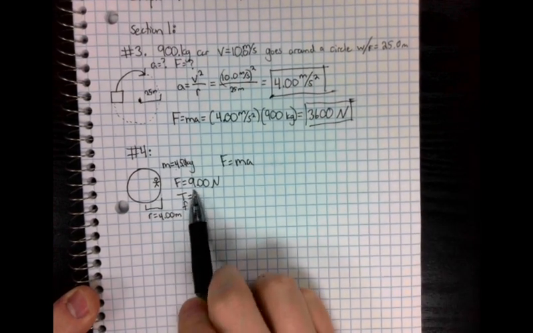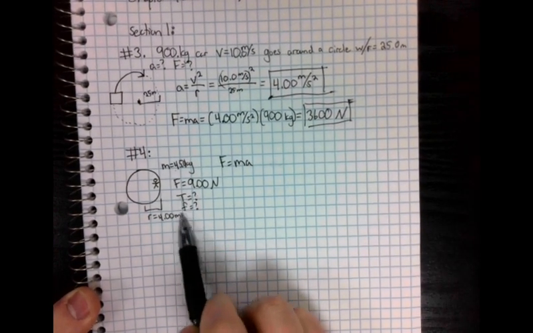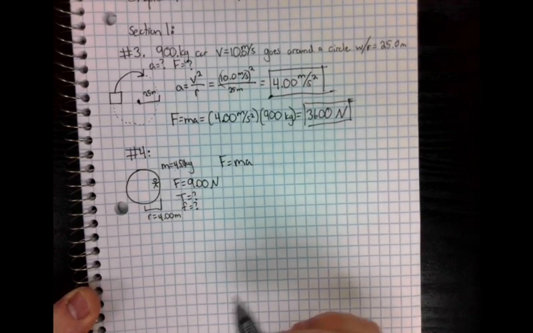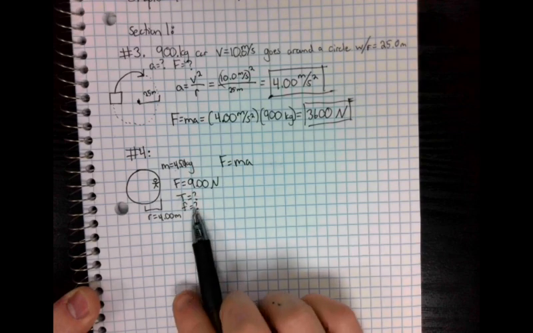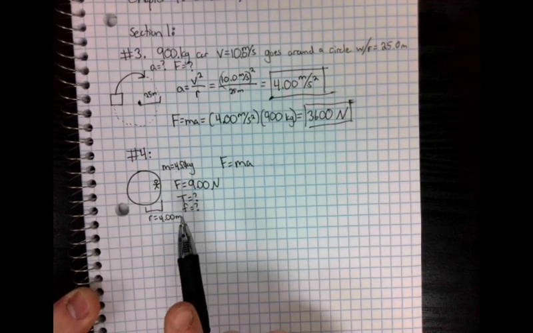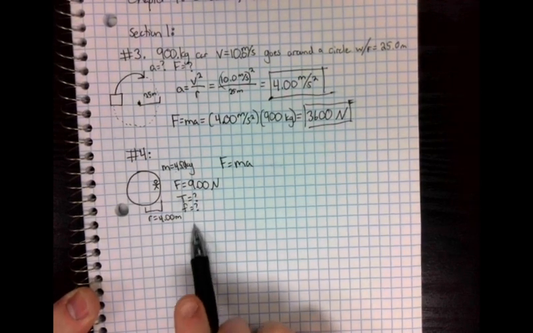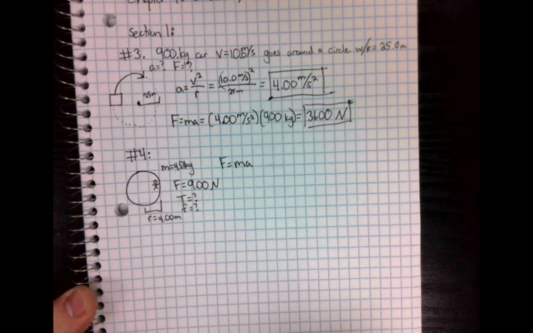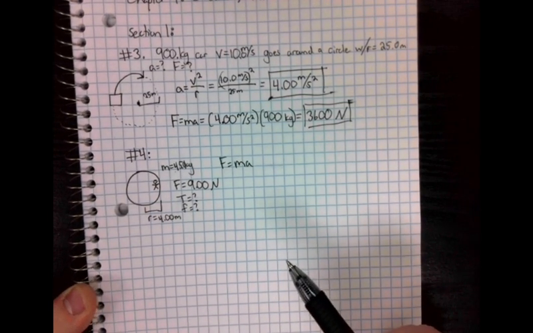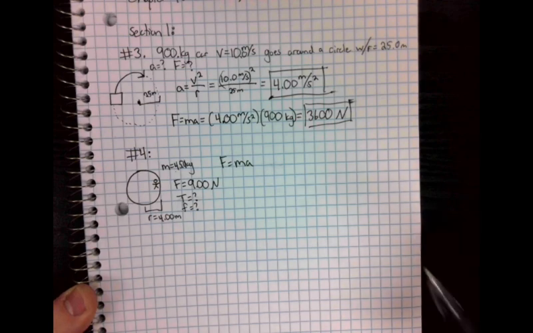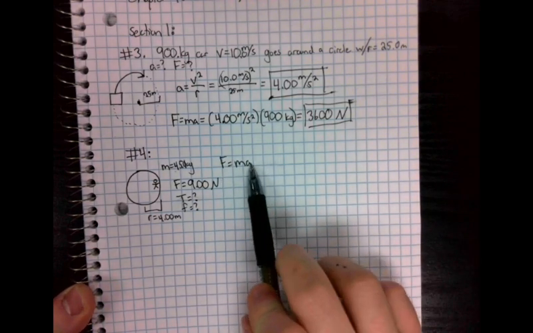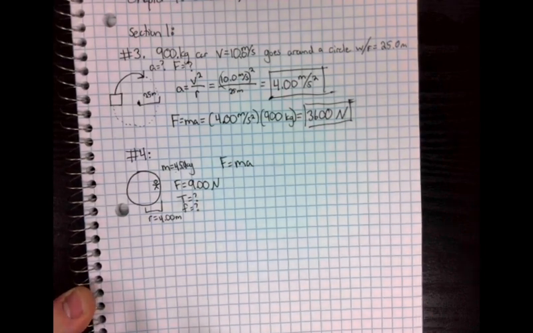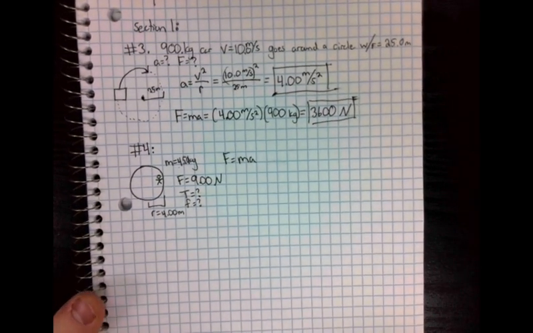Most likely, we're going to be trying to get to our velocity equation, because our velocity equation will give us T, which will give us f. If we know one, we'll know both of them because they're inverses of each other. So we need velocity. We don't have velocity, but we have radius. We don't have acceleration, but we have force. And force can allow us to solve for acceleration, which will allow us to solve for velocity, which will allow us to solve for period.